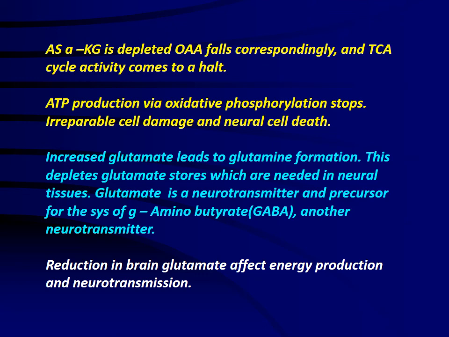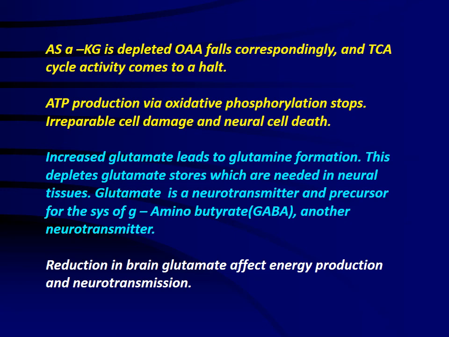As alpha-ketoglutarate is depleted, oxaloacetic acid falls correspondingly and TCA cycle activity comes to a halt. ATP production via oxidative phosphorylation stops. Irreparable cell damage and neural cell death occur.